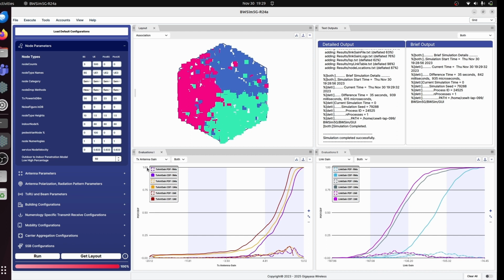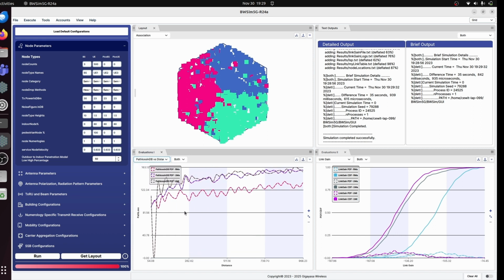Now, let us again move to the parameter in question, which is path loss in dB versus distance of separation. What can be noticed here is that there is a marked significant difference between the path loss behavior of the urban scenarios and the rural scenario, where the path loss in the rural scenario is significantly lower than in both the urban scenarios.